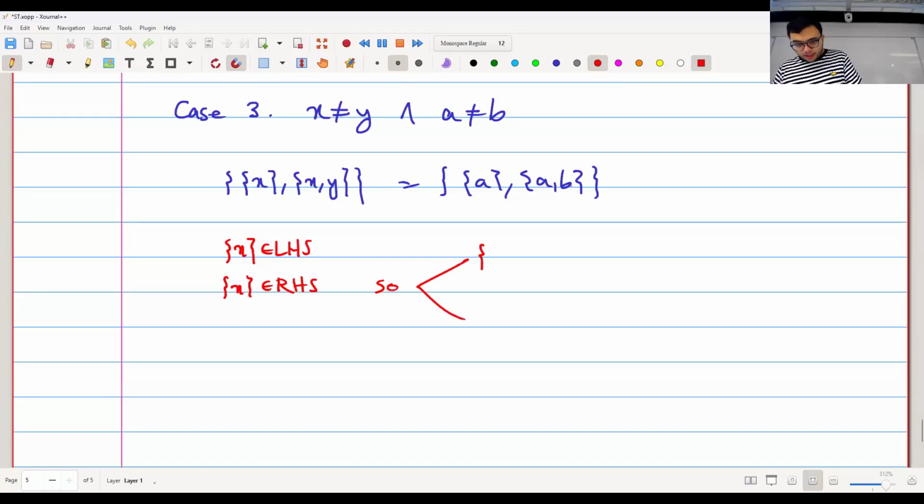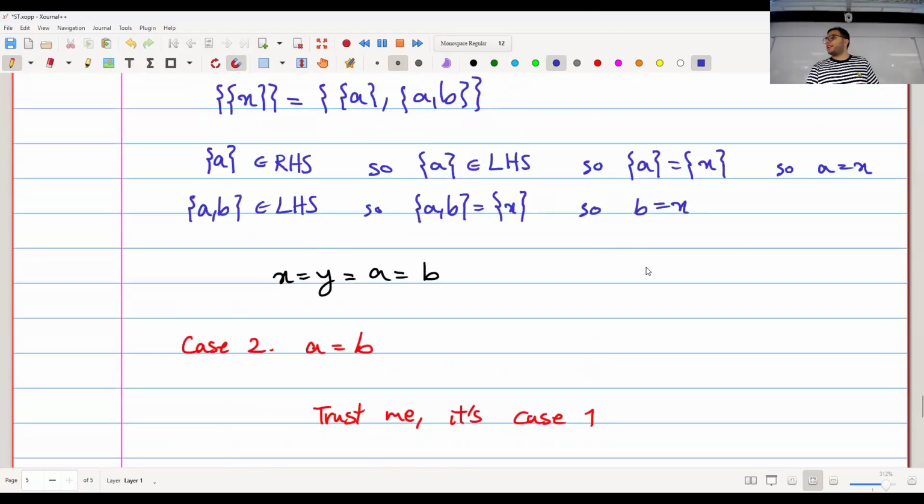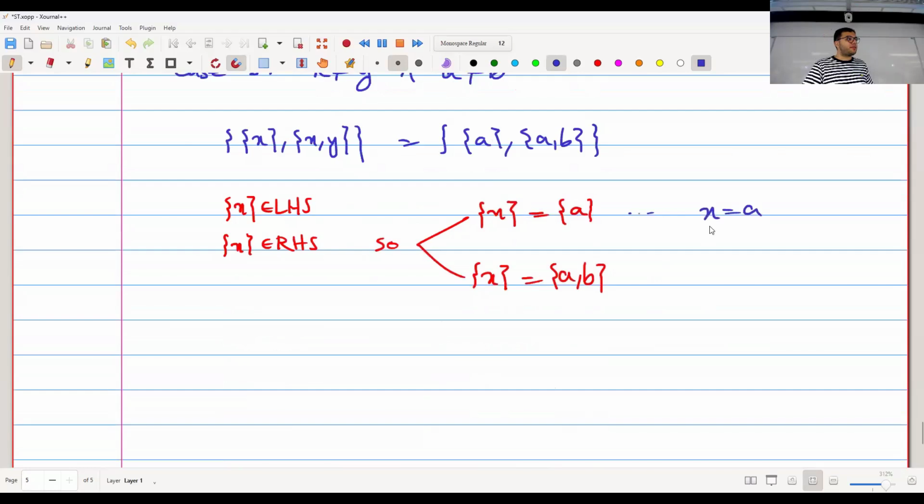Either this set that only contains X is the same as the set that only contains A, or the set that contains X is the same as the set that contains A and B. Okay. In this first case, we write some more steps and X is equal to A, right? So this is just apply the same things again and again until you get that X is equal to A. So it's actually just one step, right?